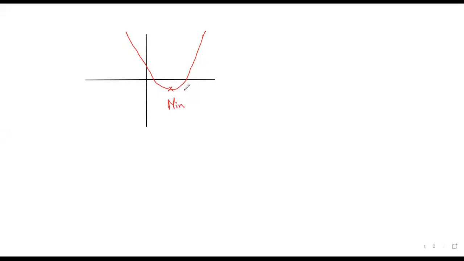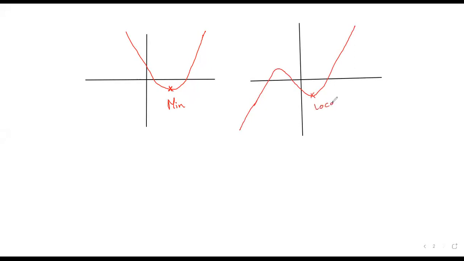Minimum means there is no other point below this point. That's extreme. Whereas if I have this curve, for example, because the graph comes down, now that point is not an extreme, it's a local minimum.